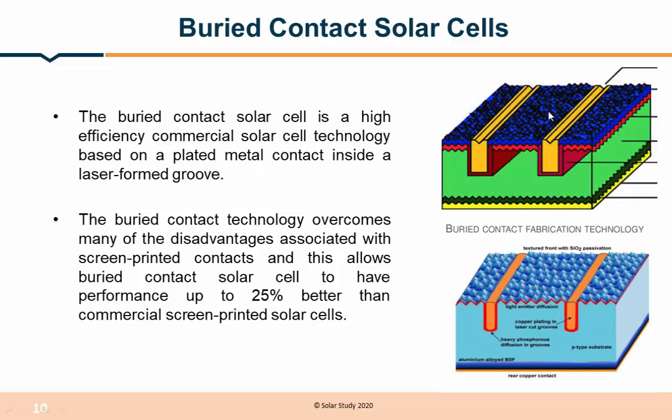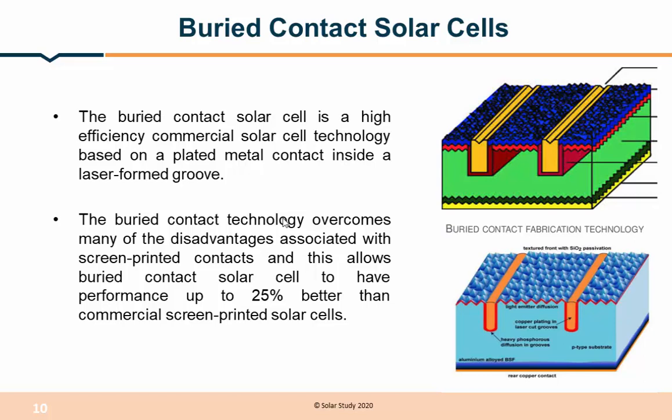Basically this is a technique used in the manufacturing of transistors. There they use buried contacts in order to give a contact. So if we use this buried contact technology, we will get performance much higher than the normally used silicon cell.